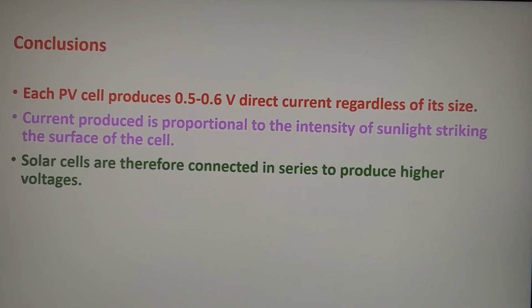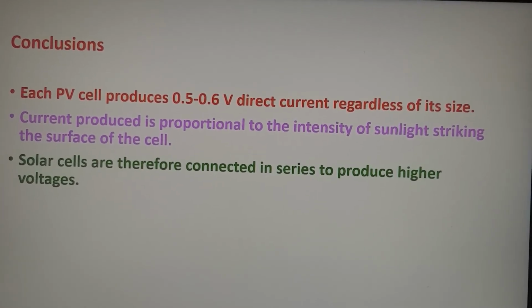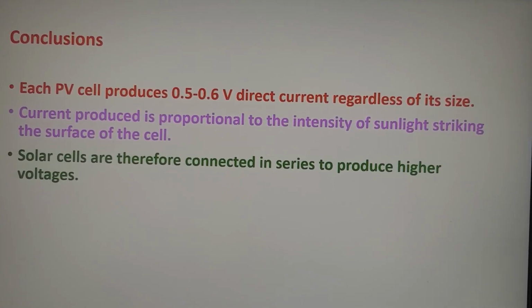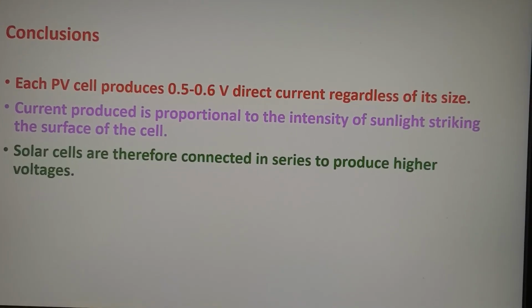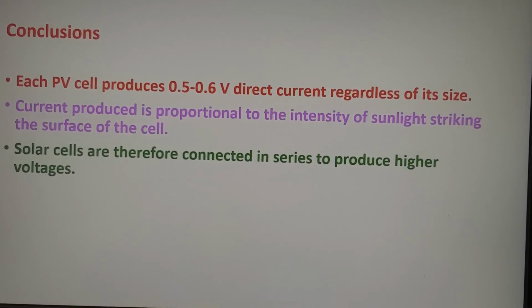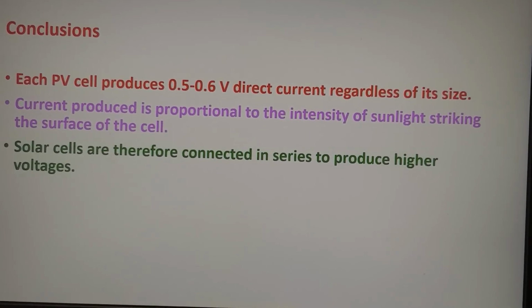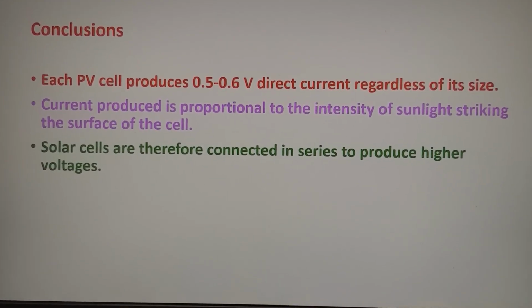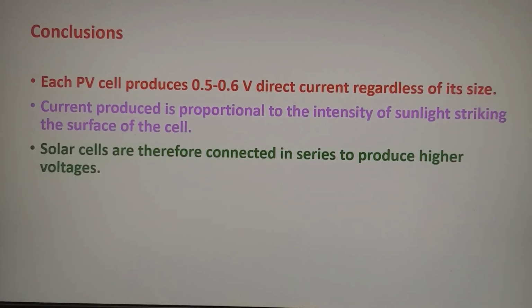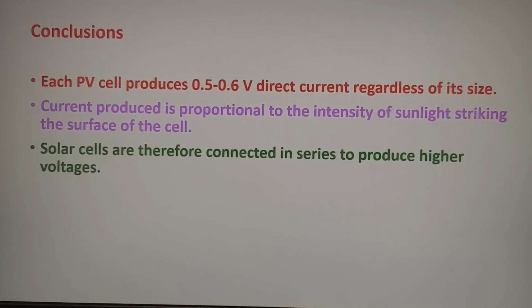Whether the size is bigger or smaller does not make any difference in the production of the voltage. The same voltage is produced by the cell. The current which is produced is proportional to the intensity of the sunlight striking the surface of the cell. Solar cells are therefore connected in series to produce higher voltages.